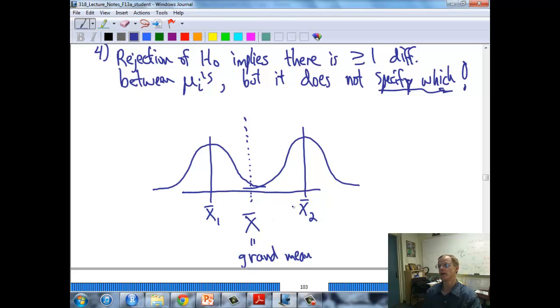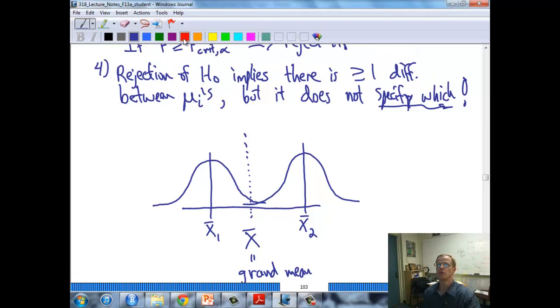Maybe that's the light group. You'll notice that the data points for x bar 2 are bunched differently than the data points for x bar 1. They certainly have different means. The overall mean is between the two of them. And so we're working like this.